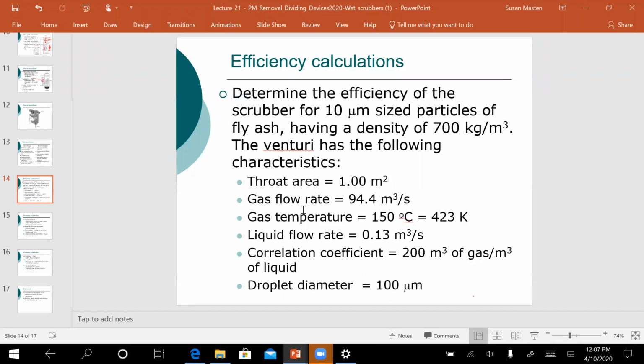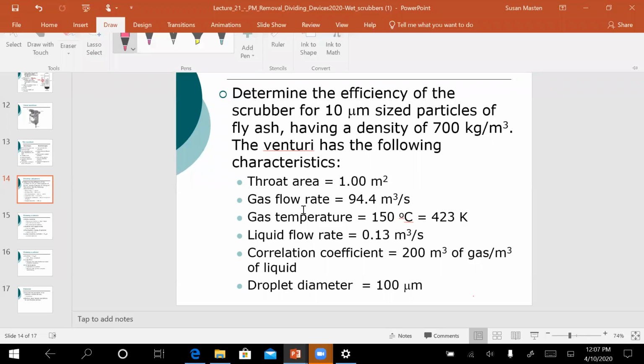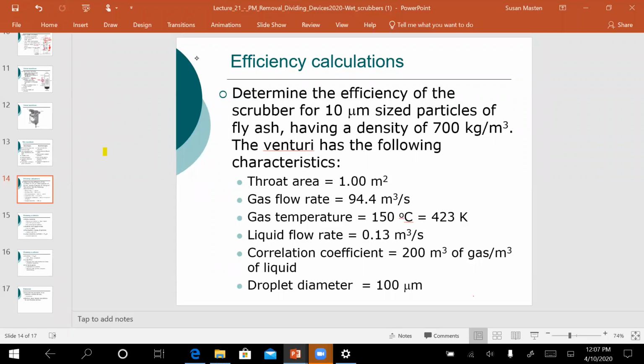So we'll look at one problem where we'll calculate the efficiency of a wet scrubber. Okay. So we're looking at a scrubber that is removing 10 micron sized particles. And these particles have a density of 700 kilograms per cubic meter. We're going to use that Venturi scrubber that I showed you before. And the Venturi has a throat area of 1 meter squared.